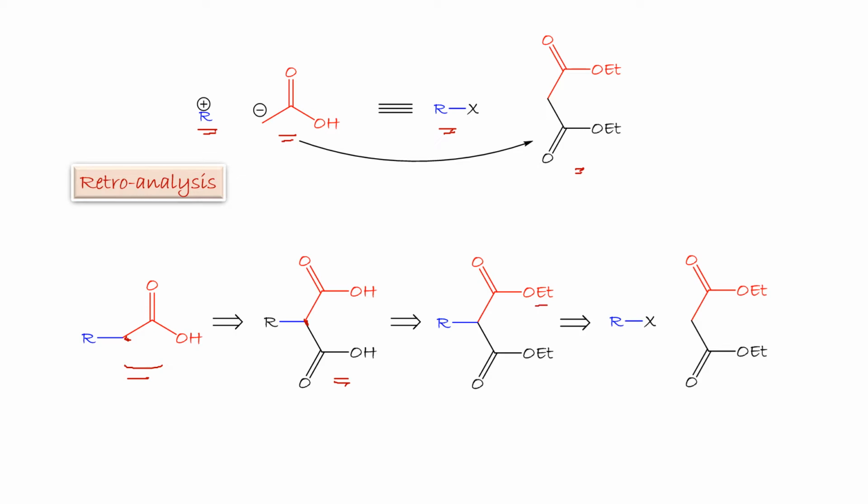Now we transform that to an ester, and then we cut in here to get the synthetic equivalents of the R plus, alkyl halide, and the diethyl malonate for the CH2COOH.